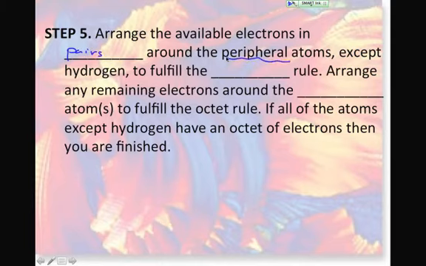That means not the one in the middle. We put them around all the peripheral atoms except for hydrogen to fulfill the octet rule for the outside atoms first. Then we arrange any remaining atoms around the central atom so that it has a fulfilled octet. And if all of the atoms, except for hydrogen, have an octet of electrons, then you're done.